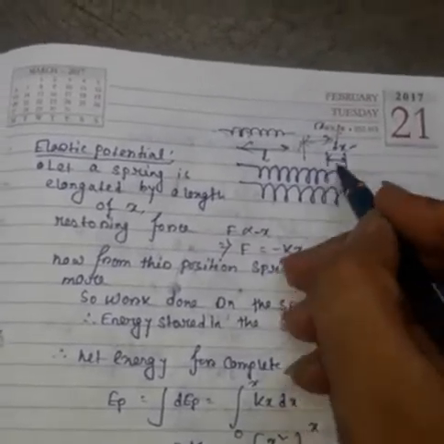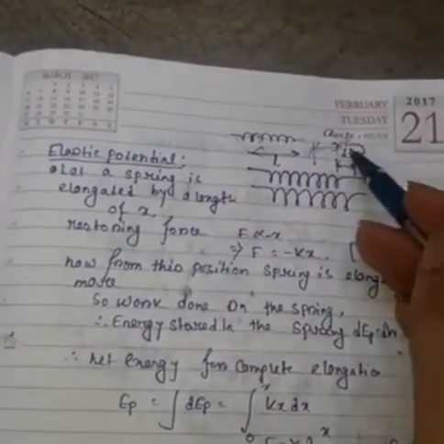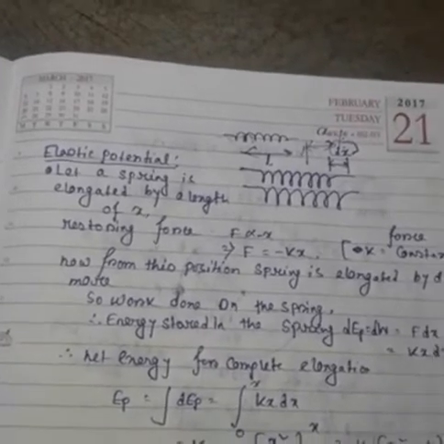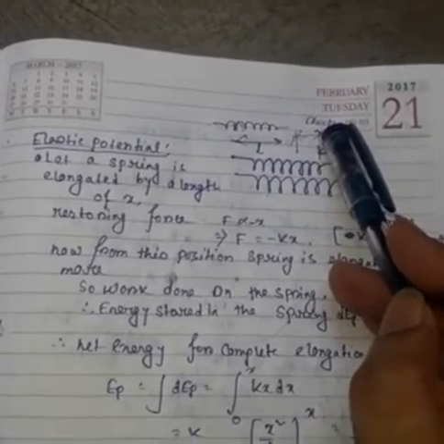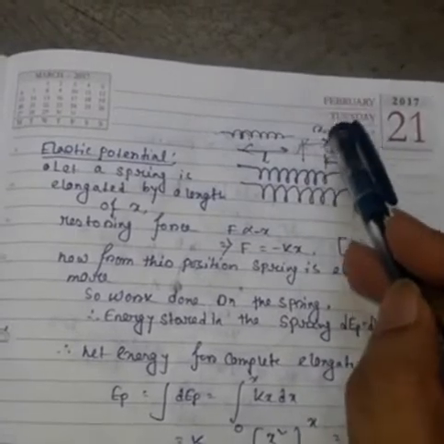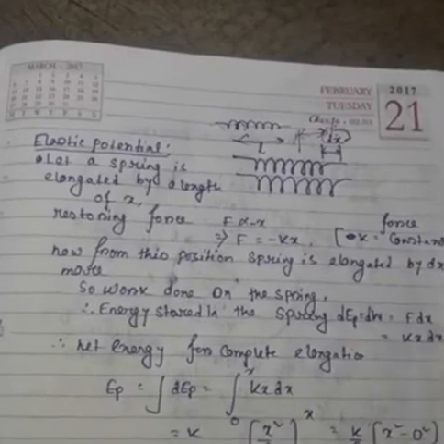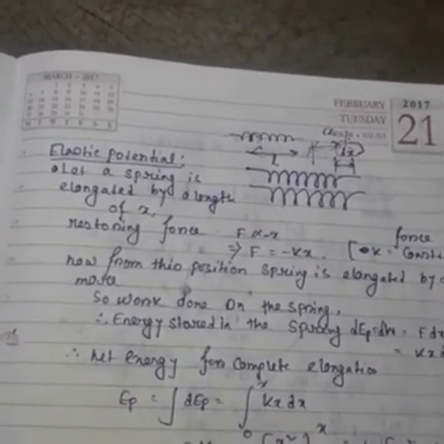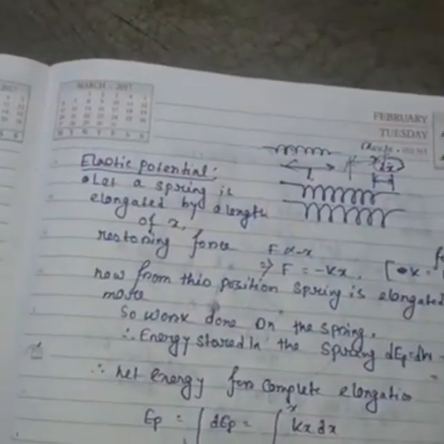Our assumption is that this small elongation dx will not need any additional force. The elongation of x is due to the application of a force F, and that force can elongate the spring by the additional length dx, since dx tends to 0.